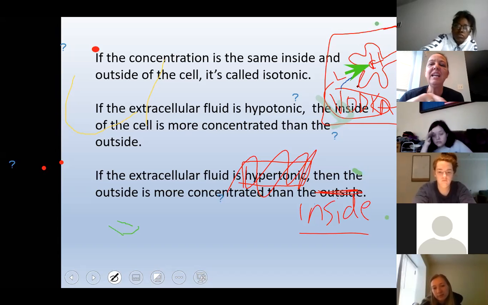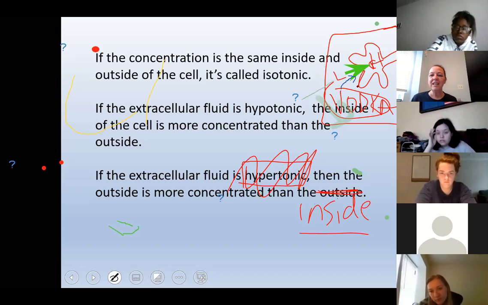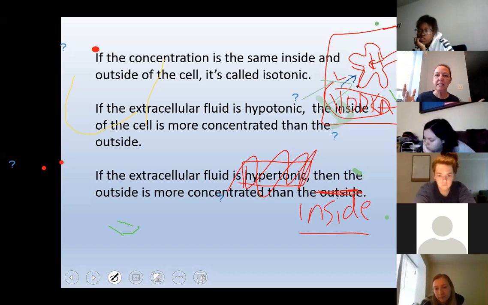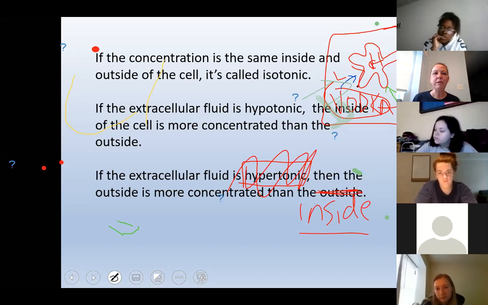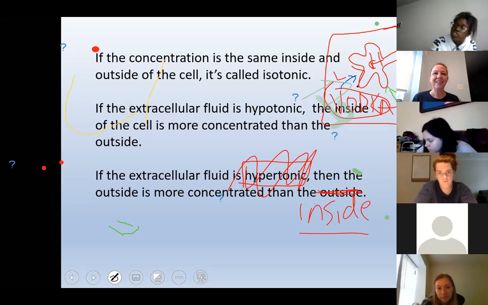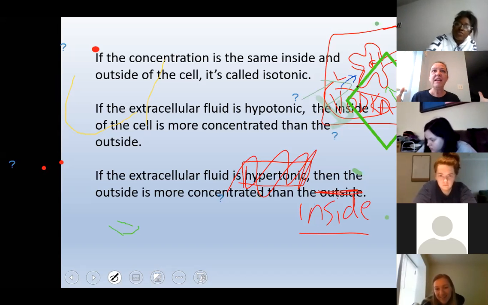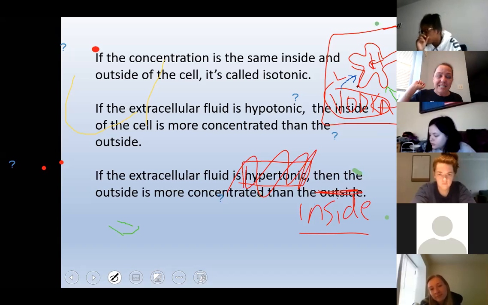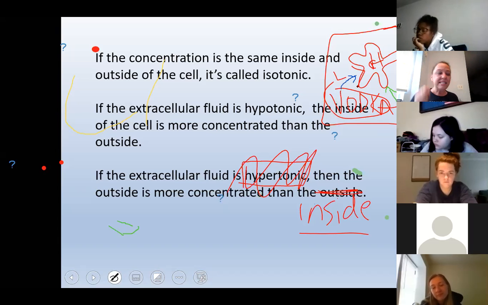Yeah, into the gummy, because the vodka is trying to balance out the gumminess. And then what happens to the gummy bear? He gets drunk. Well, he does get drunk, but he also blows up. He plumps up. That is the exact same thing that's happening to our cells.